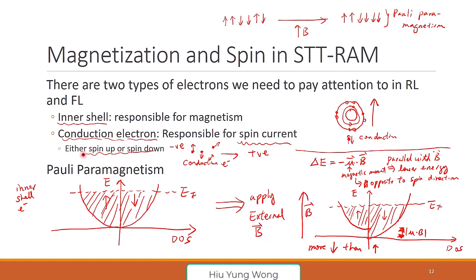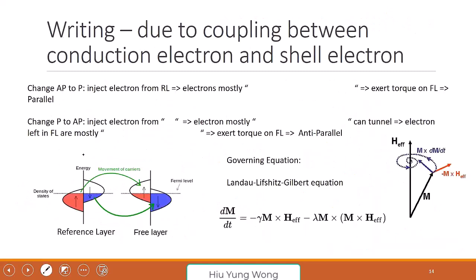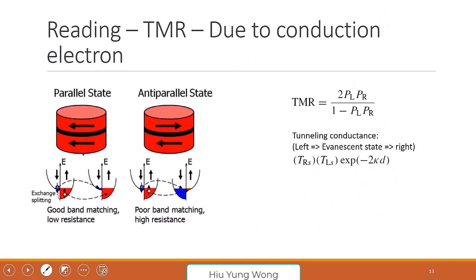And they keep running around, but they still carry the spin. They still point somewhere. But we don't care usually because they can be up and down. Okay? Then what happened? What do I want to say? This is what happened. When we are in the parallel state, this is the free layer.